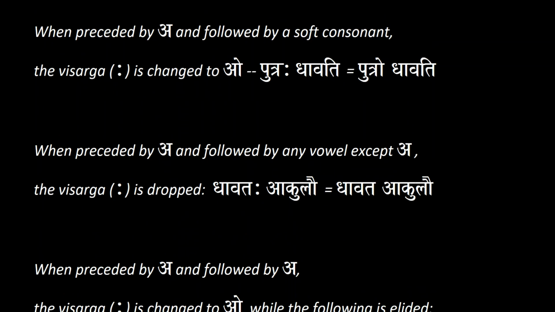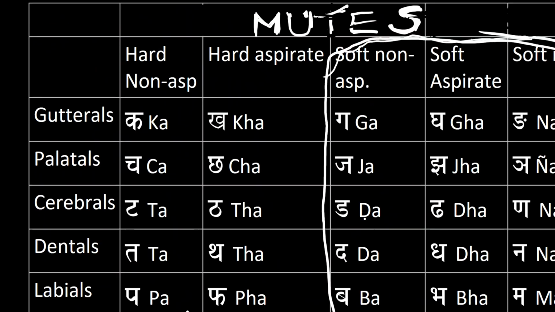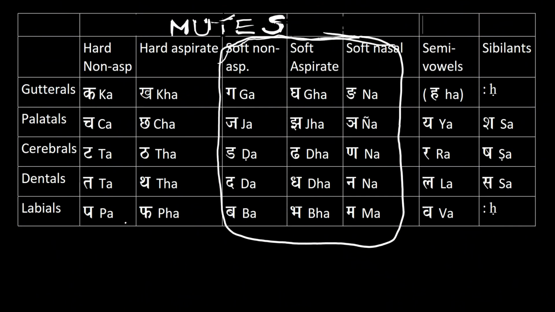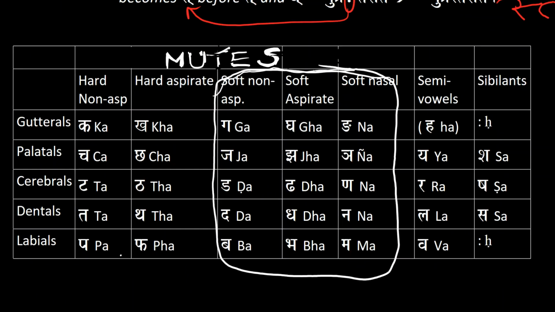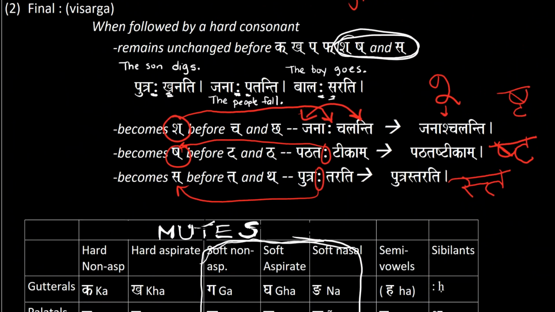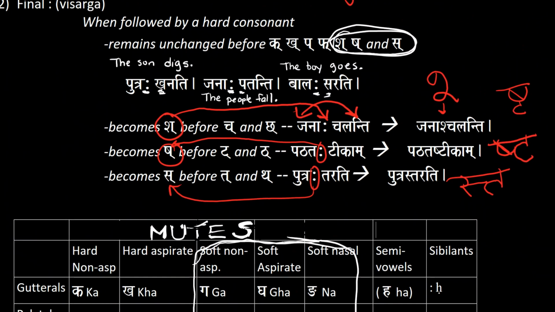Why? Because one, if you take a look at the table, there are fewer hard consonants than soft consonants. And two, the rules are more specific for the hard consonants.